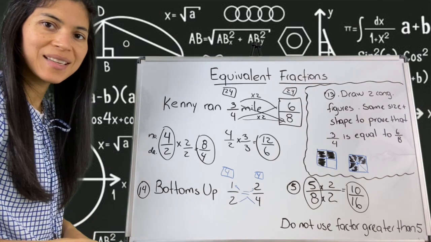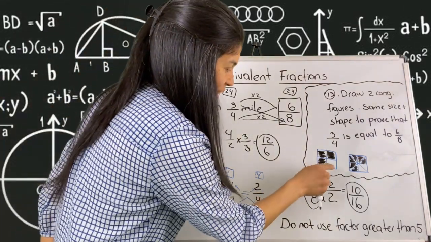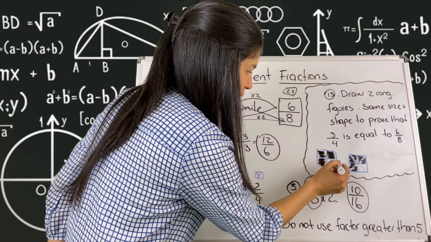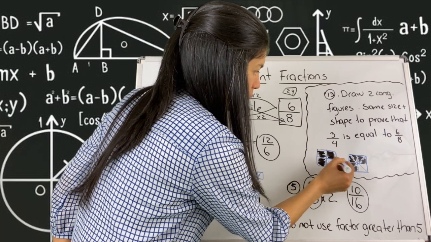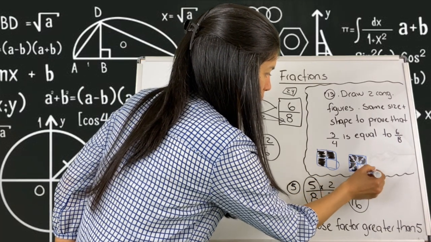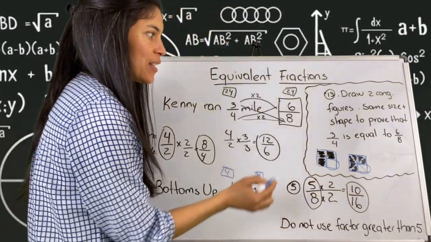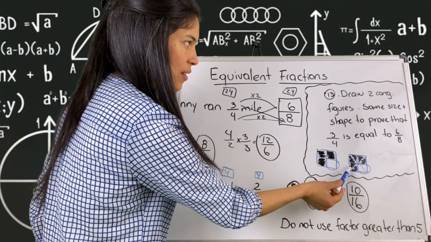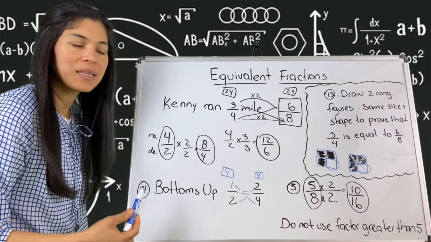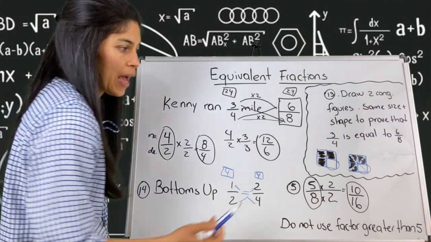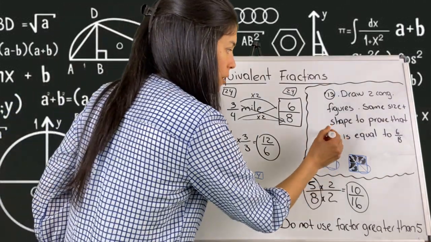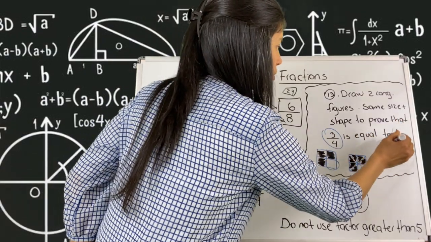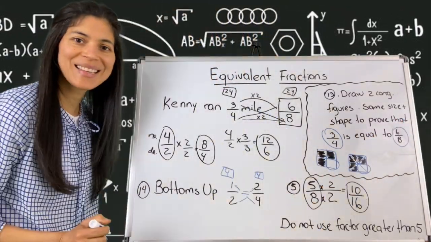Are they equivalent? They are. The only part that is not shaded is this fourth, which is equal to these 2 parts here. See? So we drew 2 figures of the same size and the same shape, and we proved that 3/4 is equivalent to 6/8.